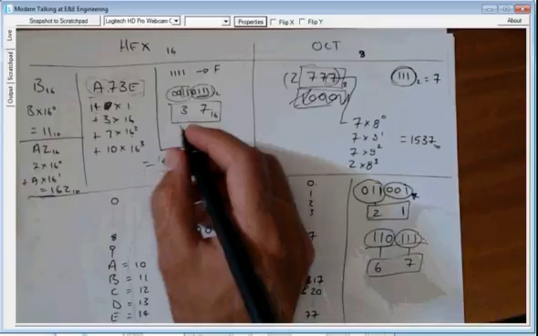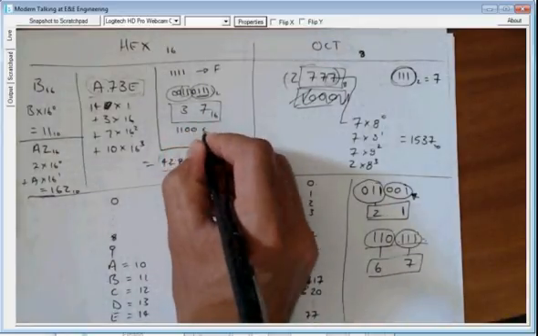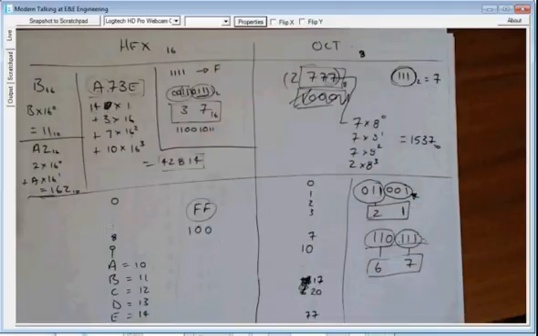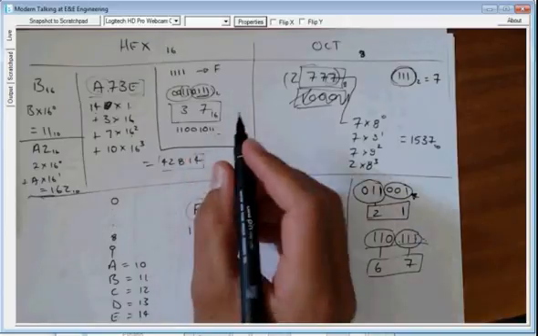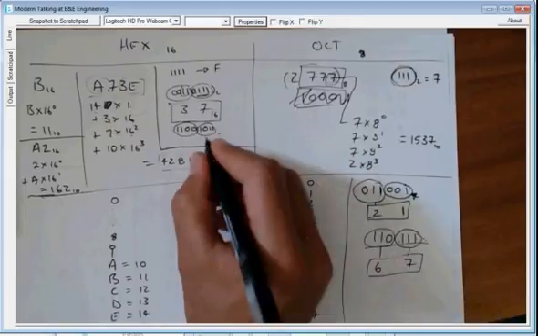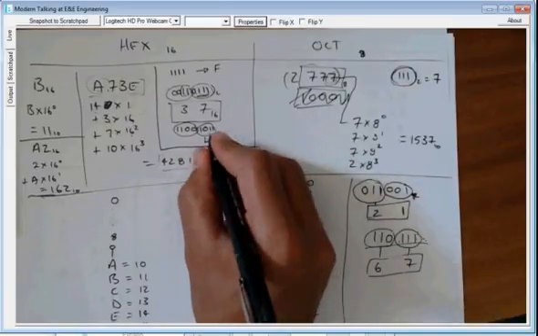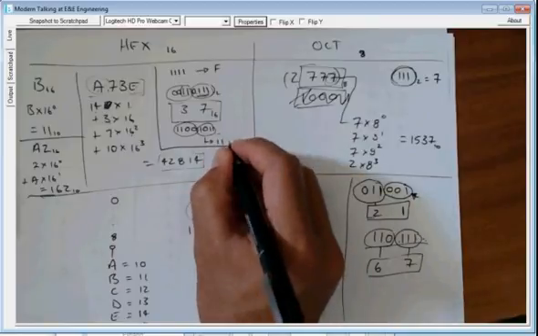Let's just use another one with an alphanumeric in it. So if I have 1, 1, 0, 0, 0, 1, 1, let's make it like that, 1, 0, 0, there we go. So if I ask you to convert this binary number into hexadecimal, you'd group those 4, you'd group those 4, and this you would say is equal to 1 plus 2 is 3, 3 plus 8 is 11. Right? What is 11 in hexadecimal?